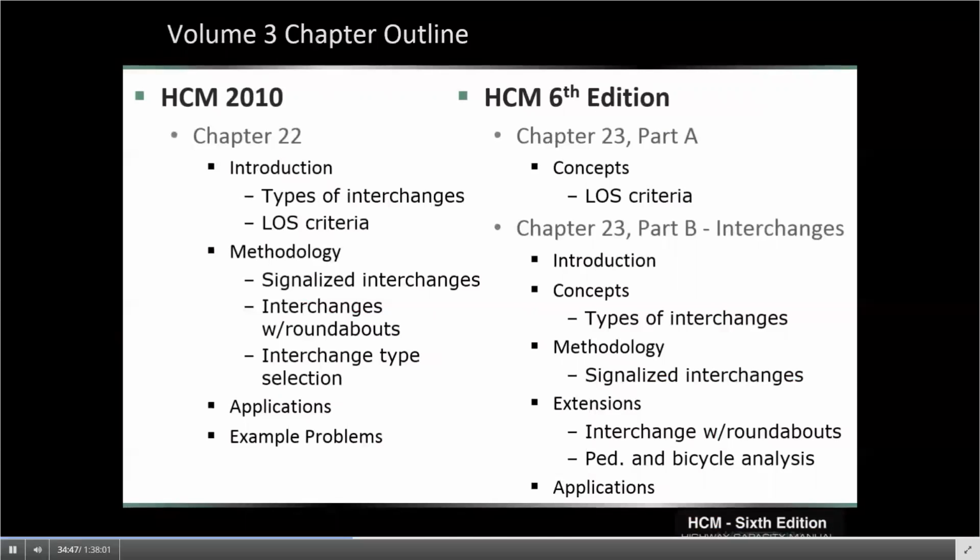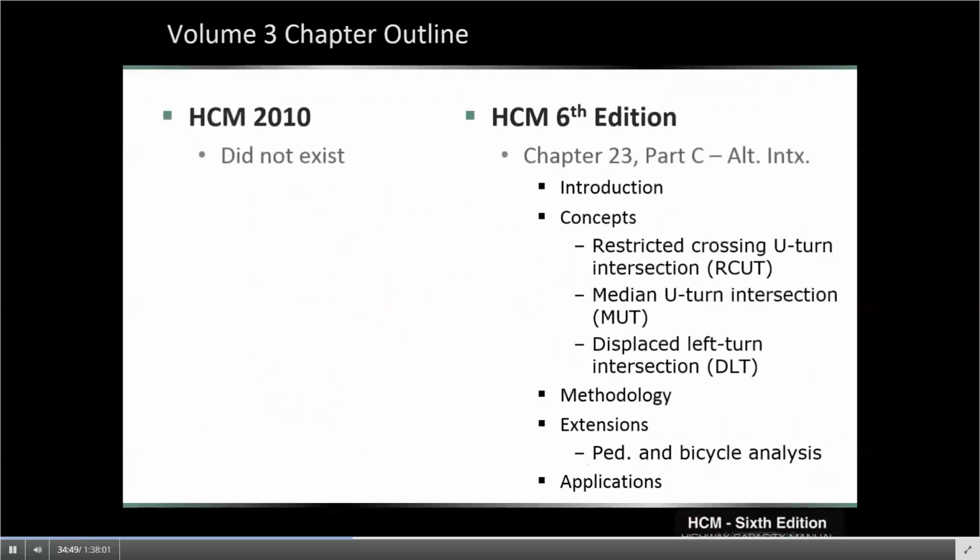The DDI is part of that part. And then Part C is the new part on alternative intersections, where the concepts are presented for the ARCUT, MUT, and DLT, as well as the methodology for vehicles, and a discussion of extensions for pedestrian and bicycle analysis. So again, it serves both the operational analysis as well as some of the multimodal characteristics of an intersection.